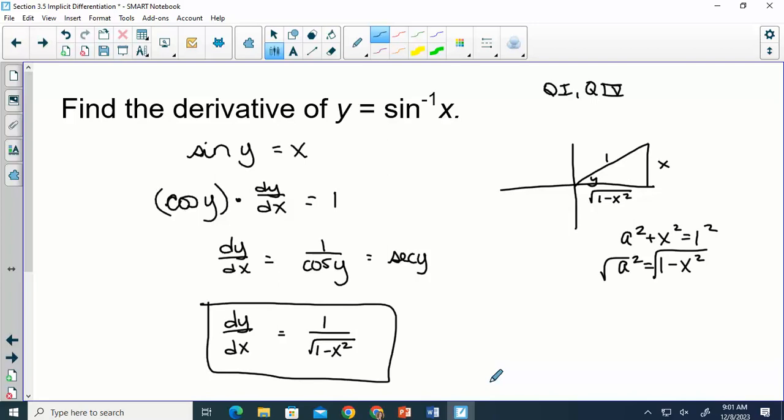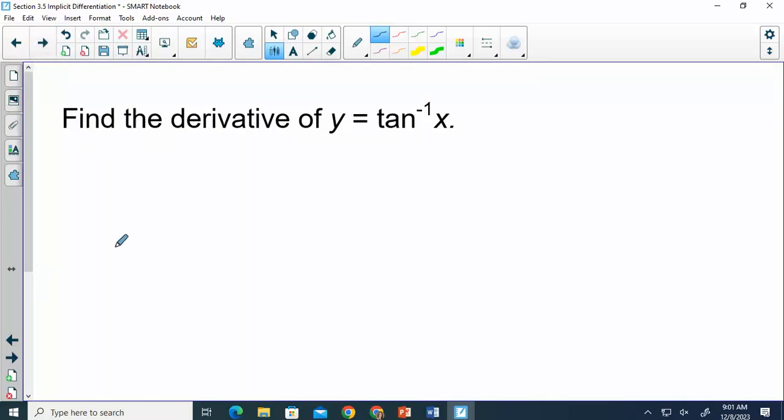Let's try working out another one. It gives us all 6 in that table. Let's try to prove tangent. So what would I have to do first if I wanted to find this? Rewrite it. So that means tangent of y is equal to x.